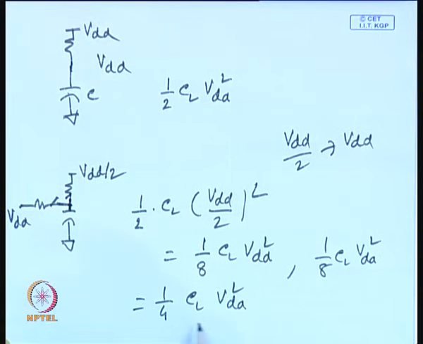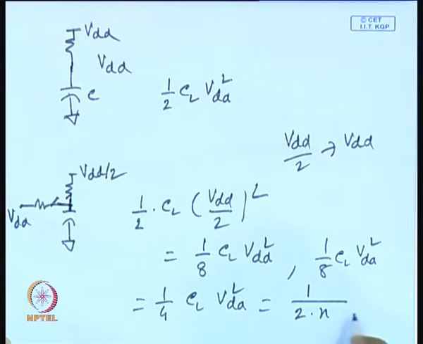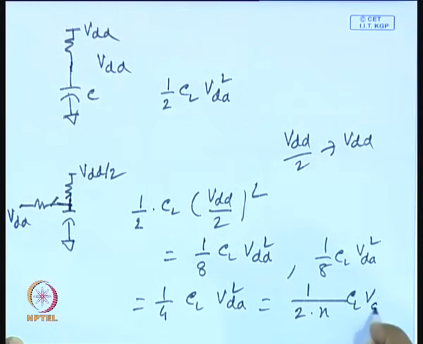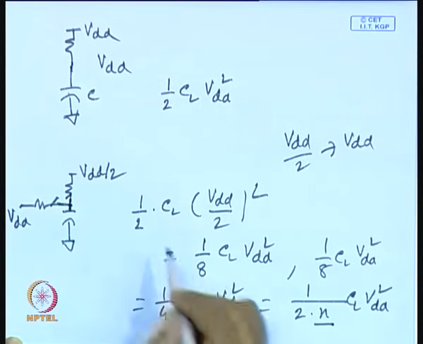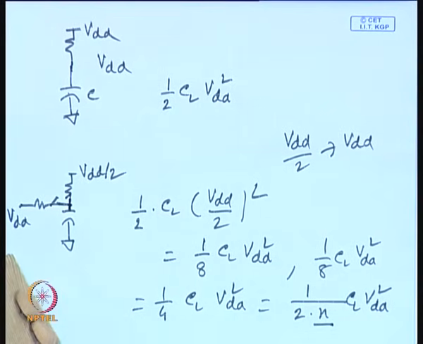This can be represented as 1 by 2n CL VDD square, if we generalize it, where we shall be charging by using n steps. Here n is equal to 2 in 2 steps, then it is 1 by 4. Suppose you use n steps, and that is what is being shown in this diagram.